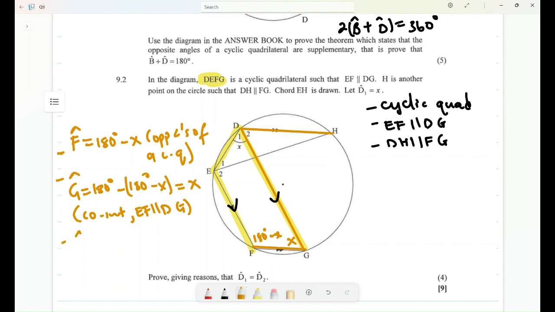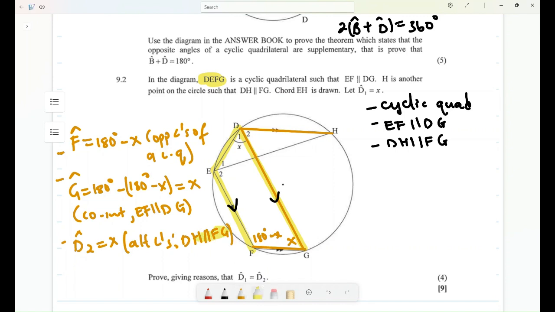Therefore, I can say D2 is equal to x. Why am I saying that? Alternating angles, such that DH is parallel to FG.